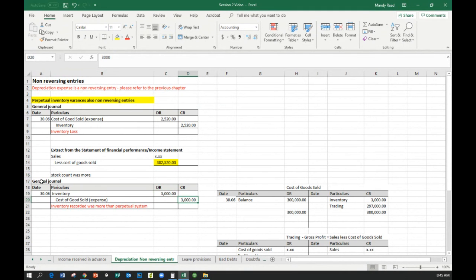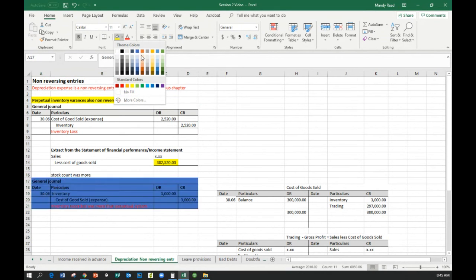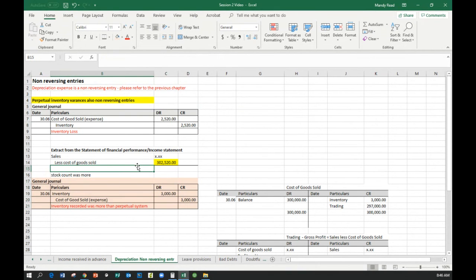The reason why I have also done this example here is because one of the exercises that you need to do in your book has it where the inventory increases and not decreases. You are now able to do the self-test exercise 5 on page number 86.